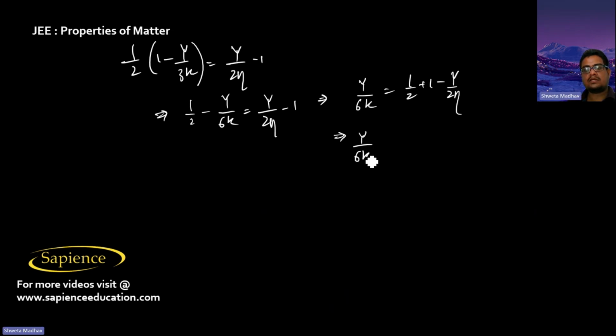So y by 6k is equal to 3 by 2 eta minus y by 2 eta, that is 3 eta minus y.